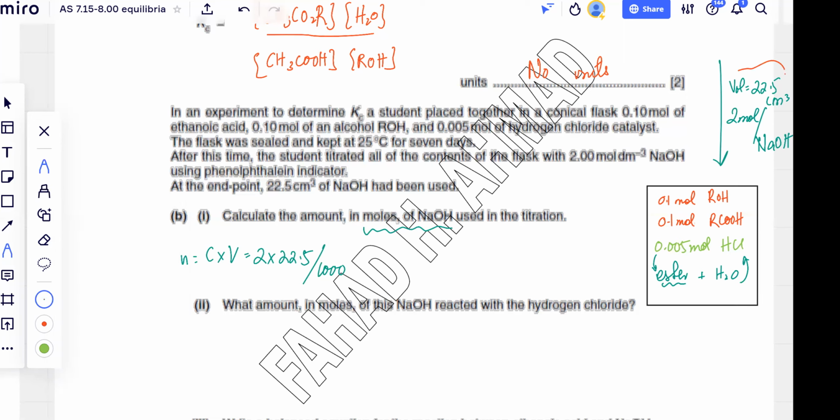So basically you're adding 0.45 moles of NaOH, right? Then, what would this NaOH that you're adding react with in the whole mixture? Sorry, sir, it's 0.045. Are you sure? Okay, it's 0.045.